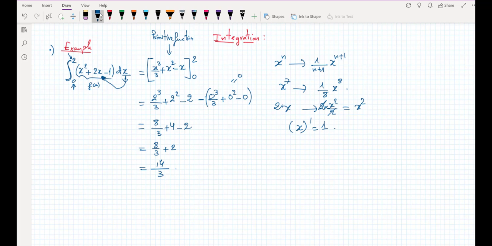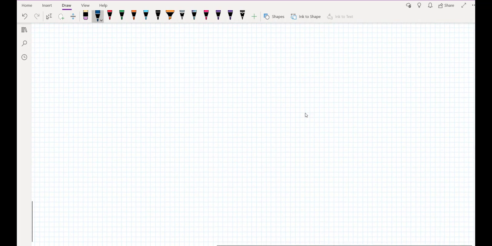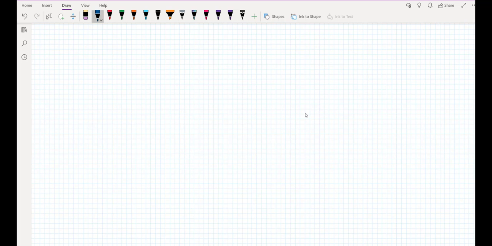Let's do another example. Let's calculate the integral between 0 and 1 of exponential x plus 1 dx. Same thing. The primitive function of exponential x is exponential x, because the derivative of exponential x is exactly exponential x.